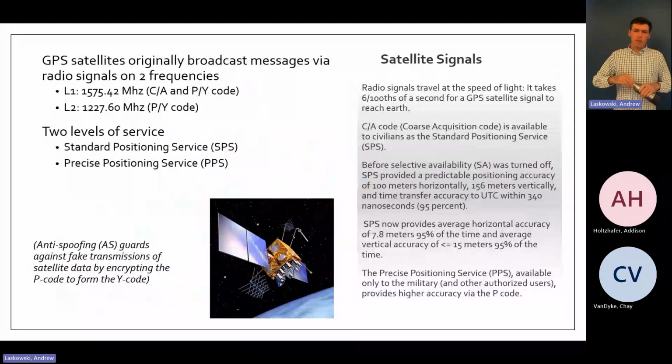So I mentioned that Department of Defense used to have control over the precision. So in the past, it was possible for the Department of Defense to turn on something called selective availability. So for certain regions of the Earth, say for example, the US wanted to have a military advantage in some region, they could turn off precise positioning for public users and limit it to just the Department of Defense authorized users.